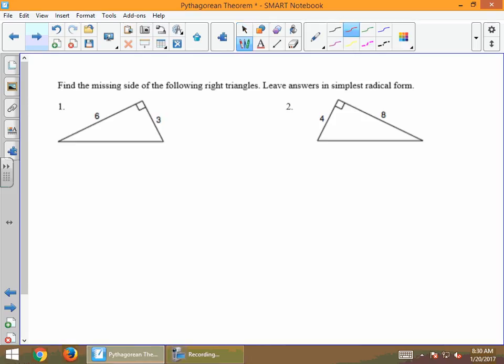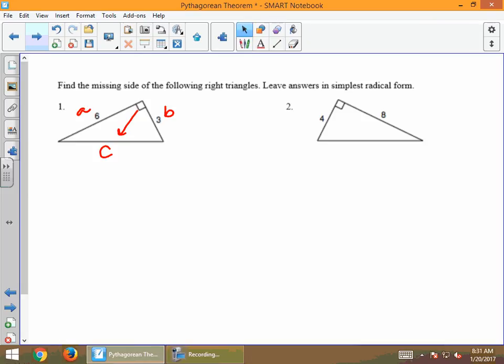Again, the side across from your 90-degree angle always has to be your C. What I like to do is start at my 90-degree angle, go directly across from it, and label that my C. For the other two sides, it does not matter. I'm going to make this one my A, and this one my B. You could have made 6 B and 3 A. It does not matter. The one that does matter is the hypotenuse, and that has to be your C.